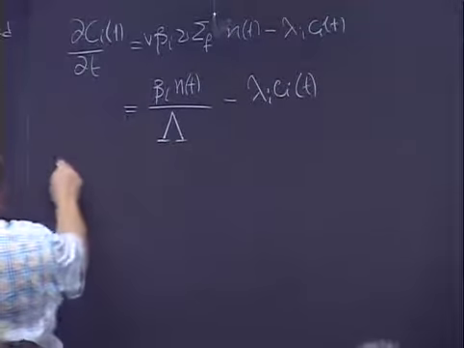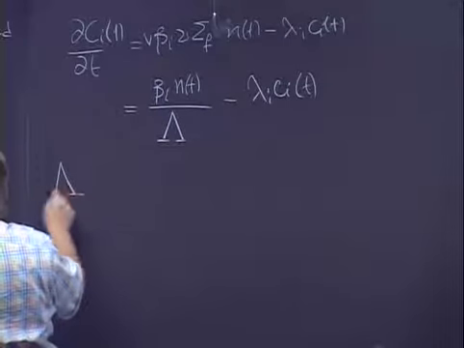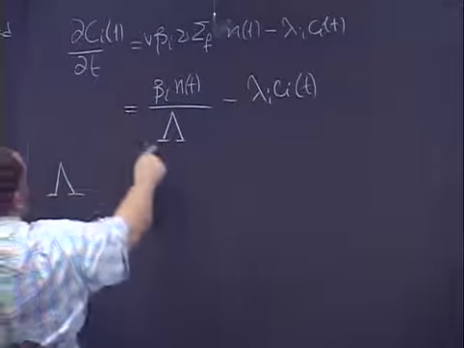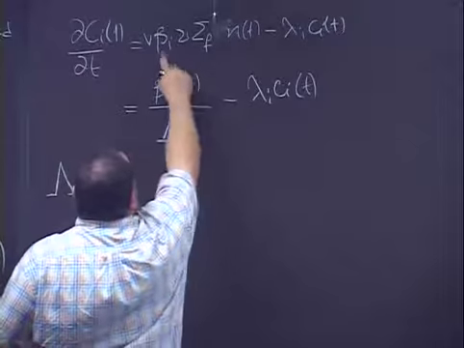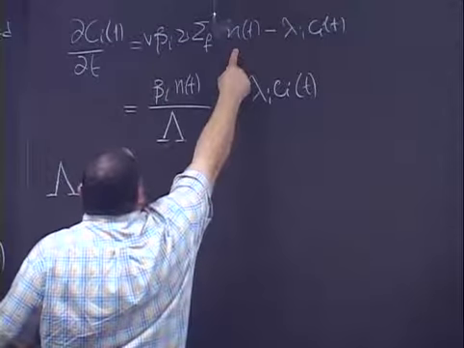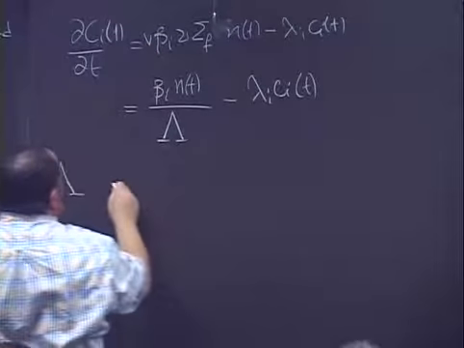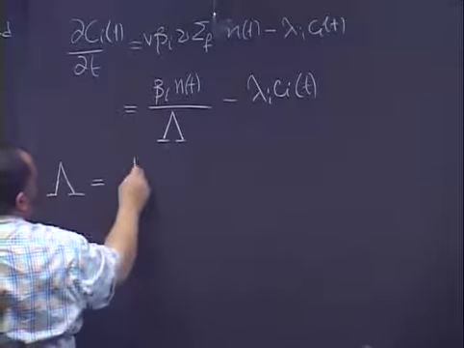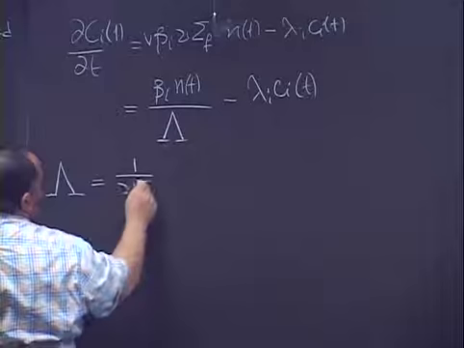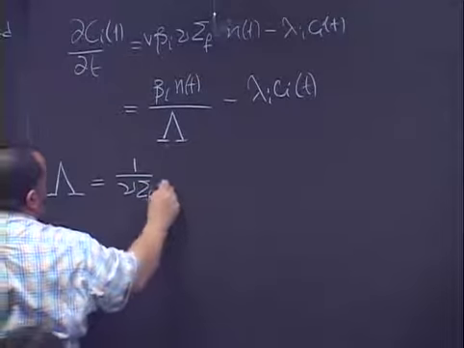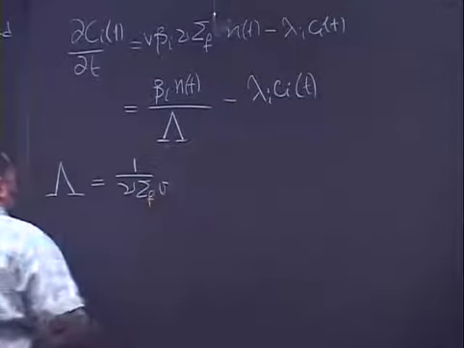And what's capital gamma from here? So this is beta i multiplied by n of t. You end up with nu v sigma fission, so this is 1 over nu sigma fission multiplied by the velocity.